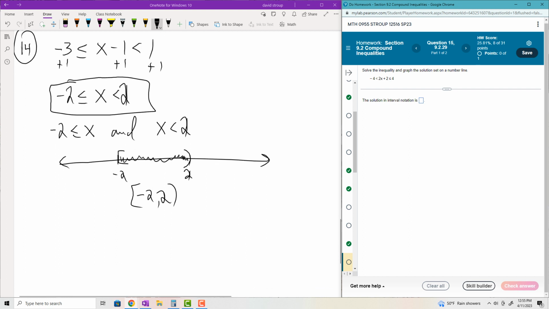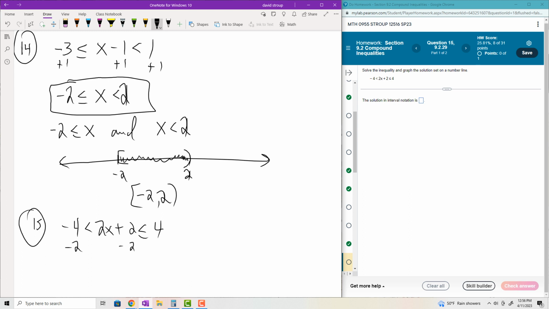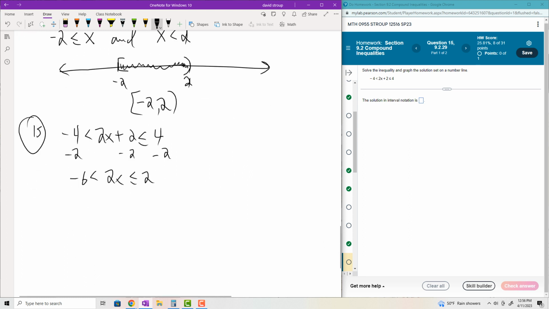Okay, so this one is a little more complicated, but it's the same idea. 15, -4 less than 2x plus 2 less than or equal to 4. So first I'm going to isolate the variable term. So I have -6 less than 2x less than or equal to 2. And then isolate the variable, divide. So, this time we have to divide everything by 2.